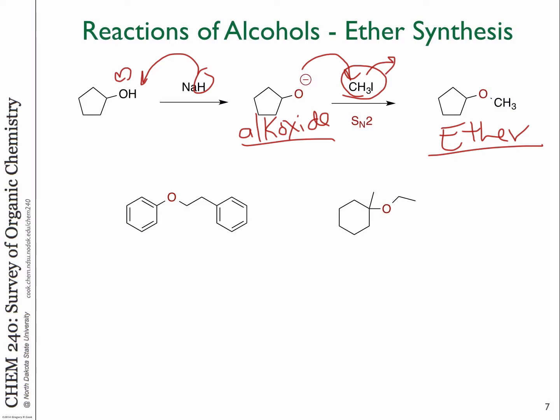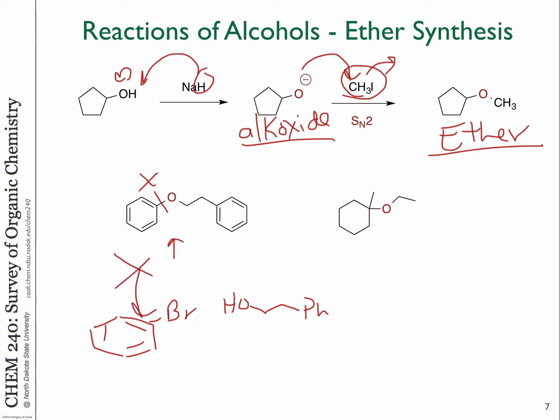That's chemistry. So if you're going to think about making this ether, it's not that bond you want to make. That won't work, because you'd have to start with bromobenzene plus the alkoxide from this alcohol. And there's no way you can do a nucleophilic substitution on the bromobenzene. That has to be sp3 and left unhindered.